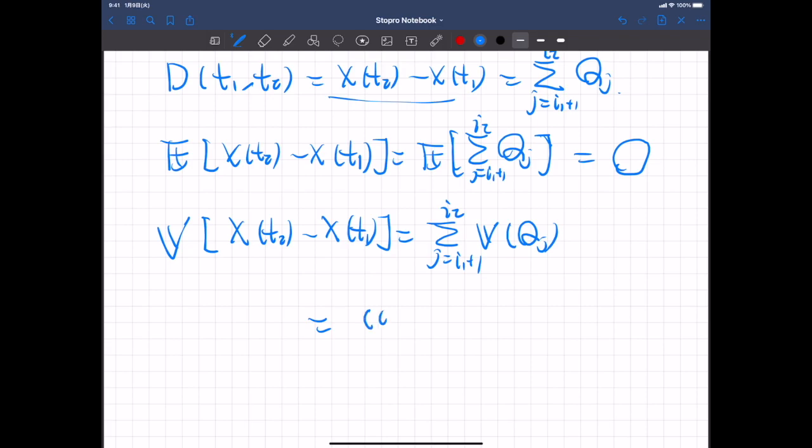That will be i2 minus i1, because there are this many terms in this summation, and each variance is epsilon. So this will be t2 minus t1, because epsilon times i2 is t2 and epsilon times i1 is t1. That means the variance is proportional to the difference in time points.